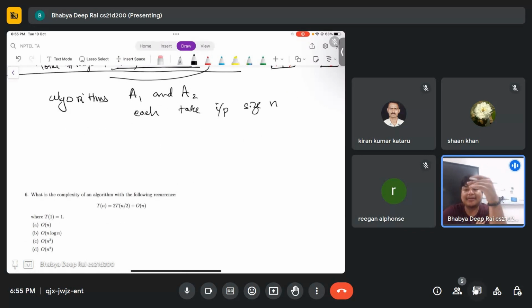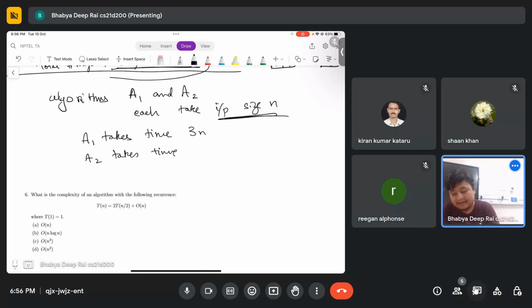What is an algorithm? An algorithm is just a sequence of steps. The question is, how many steps does it take for my algorithm to run? For example, algorithm A1 takes time 3n, and algorithm 2 takes time 4n.